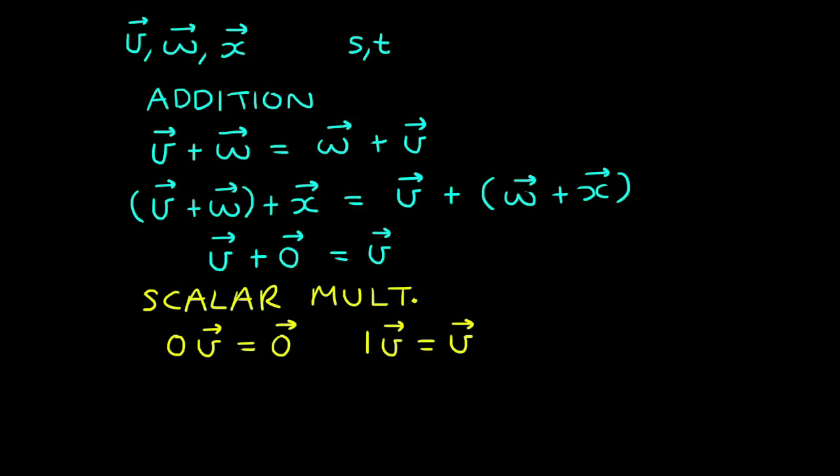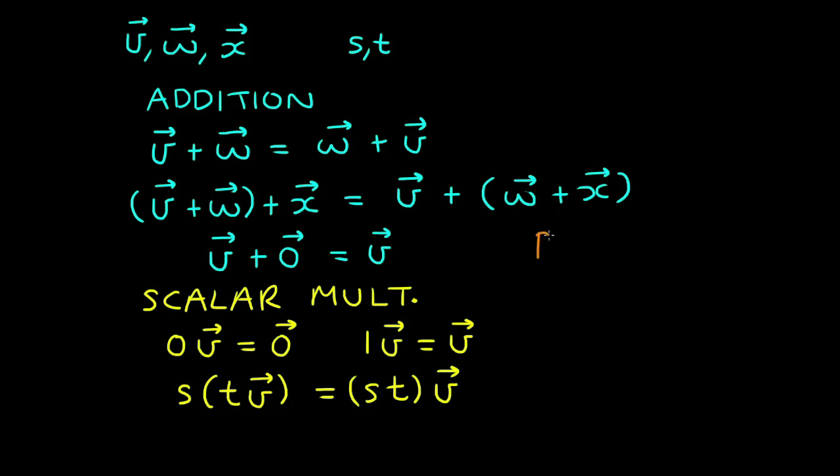And scalar multiplication of vectors is also associative. So if we multiply a scalar s by the product of a scalar and a vector v, then it's the same as multiplying the two scalars and multiplying the result by the vector.